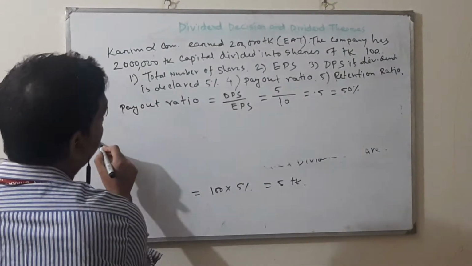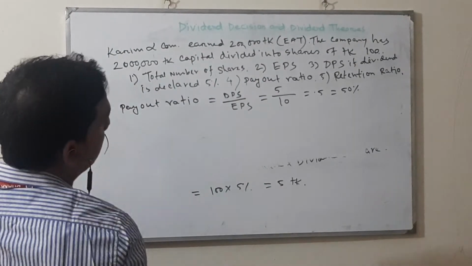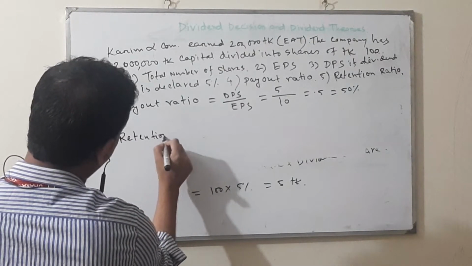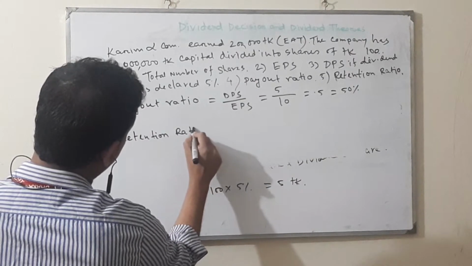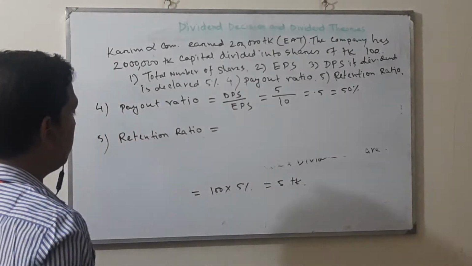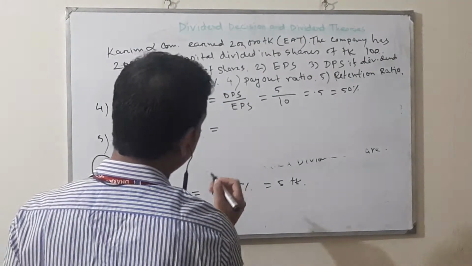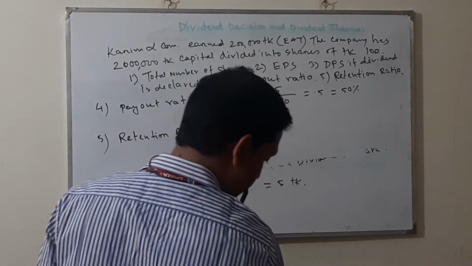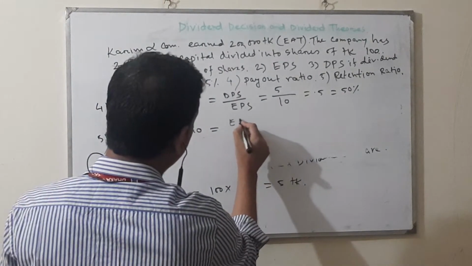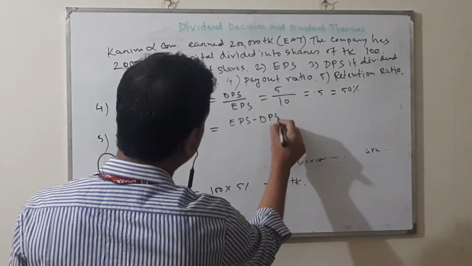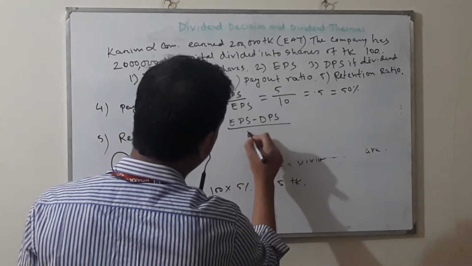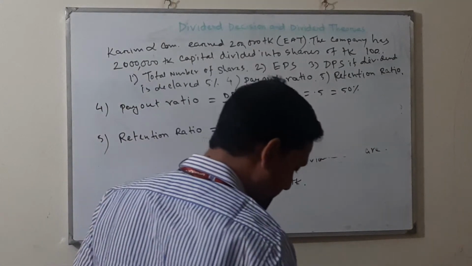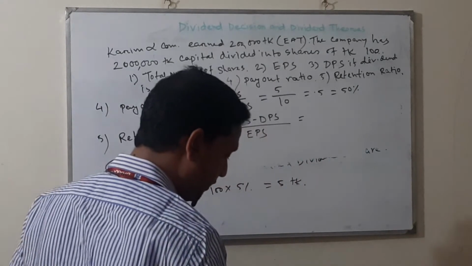Then number 5 is retention ratio. Retention ratio is EPS minus DPS divided by EPS.